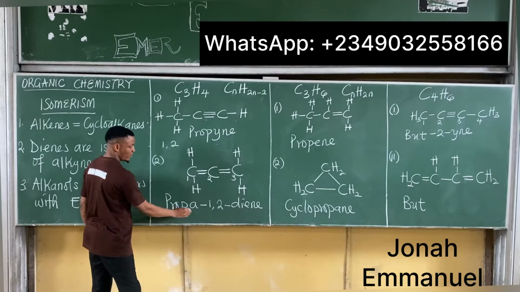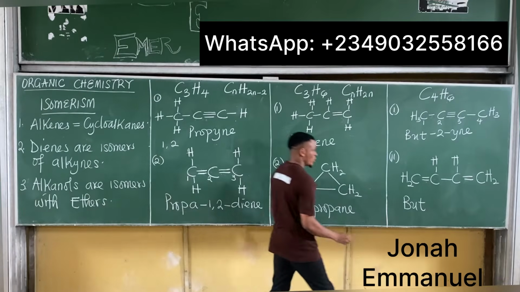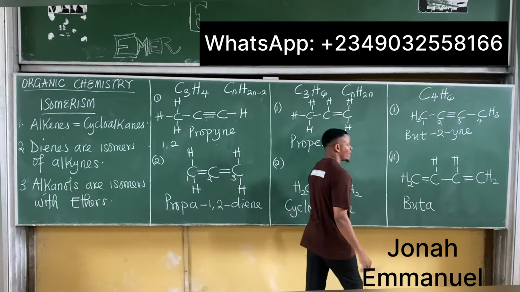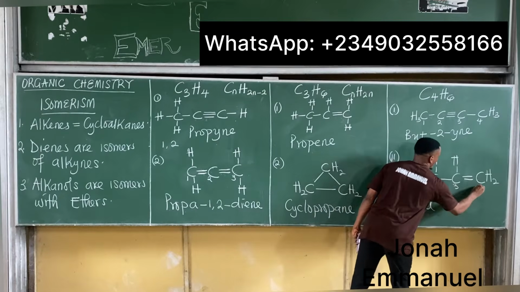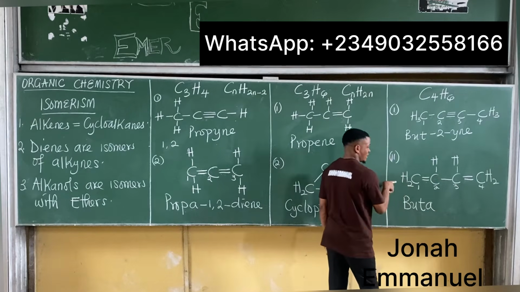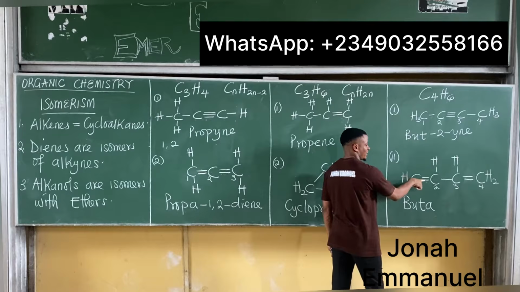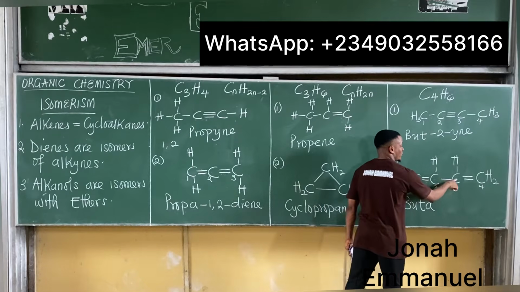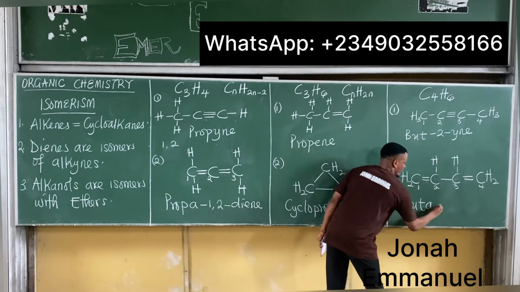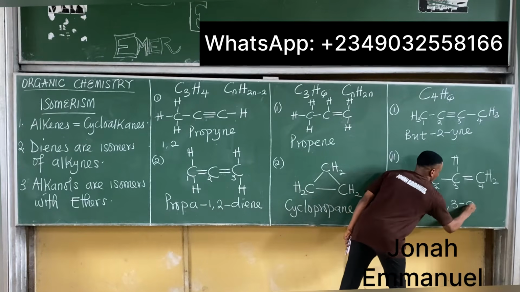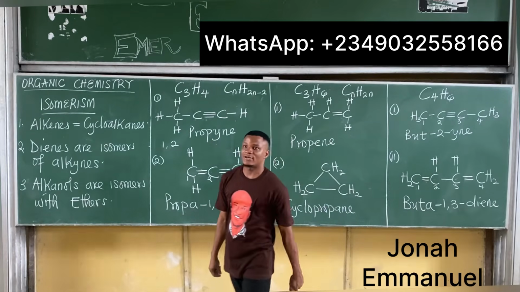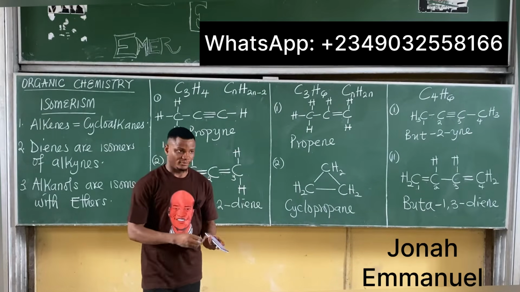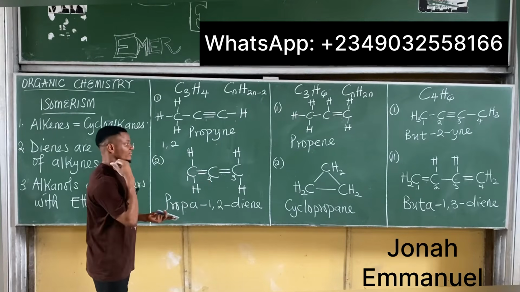So instead of but, it becomes what there? Buta. All right, buta. Do your numbering 1, 2, 3, 4. The double bond is at carbon 1 here and then carbon 3 here. So it becomes 1, 3. Buta-1,3-diene. So that's how you get this stuff here. Buta-1,3-diene.